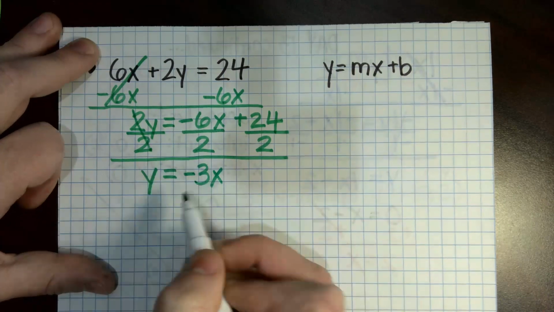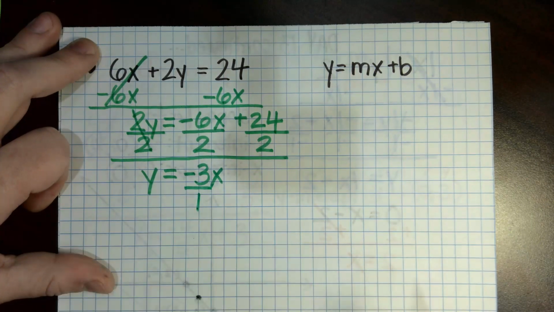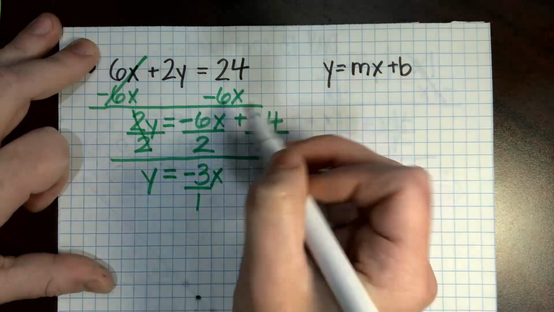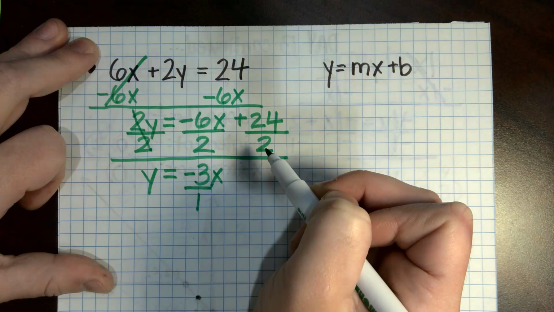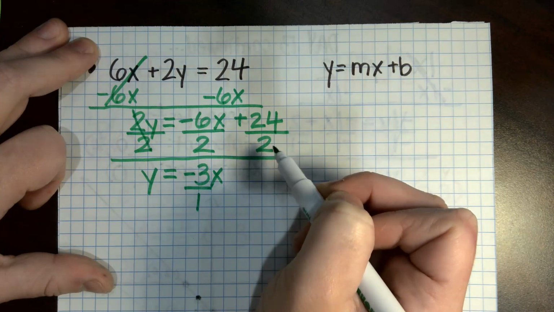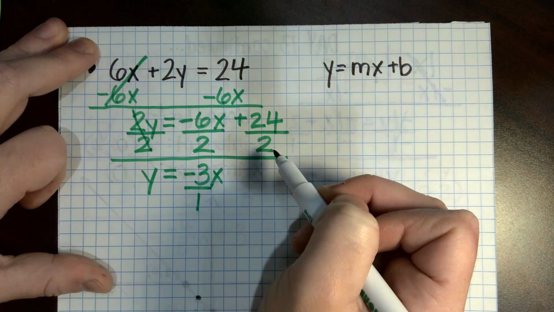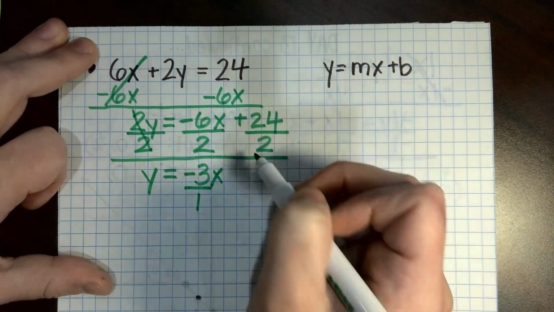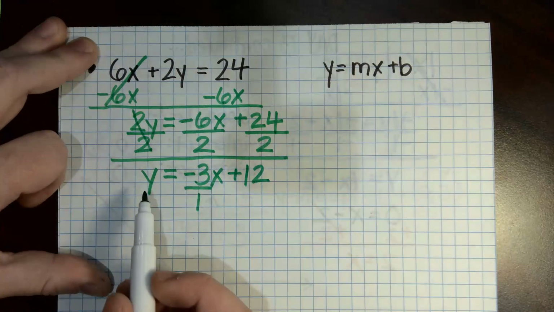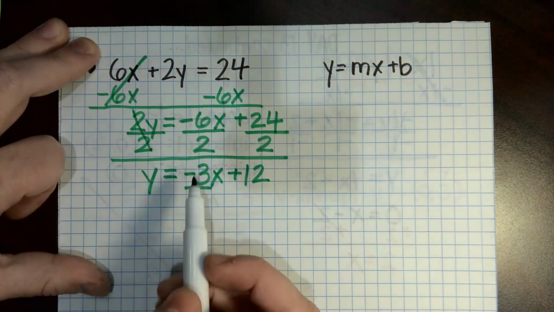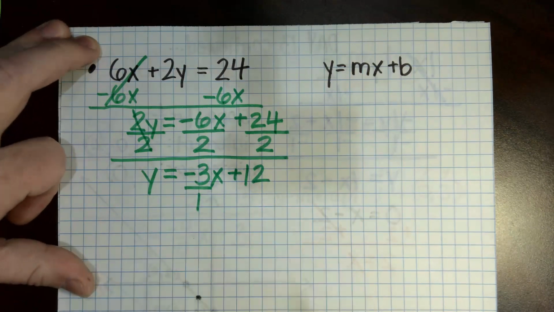And if you wanted it to be a fraction, so it's easier to see the slope for rise over run, you could just do negative 3 over 1. And then 24 divided by 2. Just positive 12. That's okay. We have a positive number divided by another positive. I will get that. You'll get it. All right, so we're going to write plus 12. All right, we have our y equals something x plus something. Y equals negative 3x plus 12.